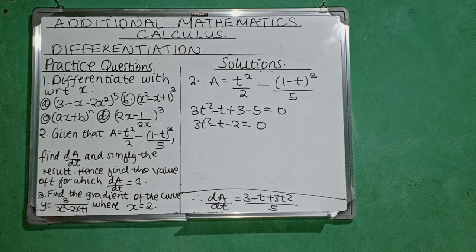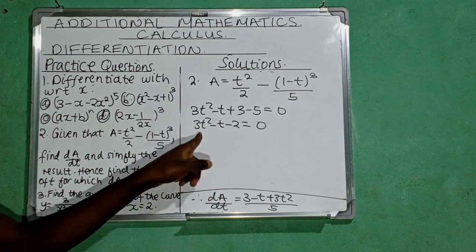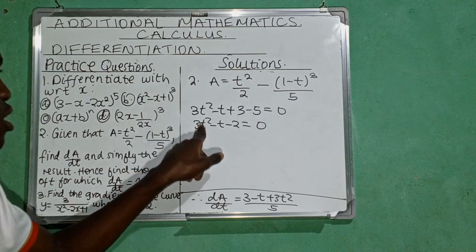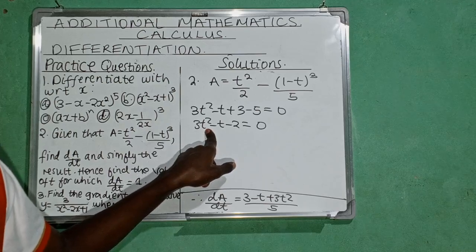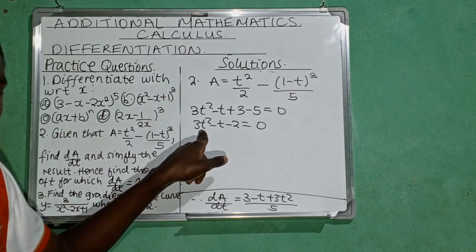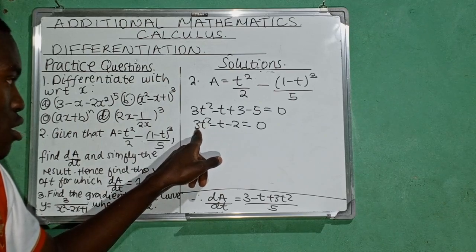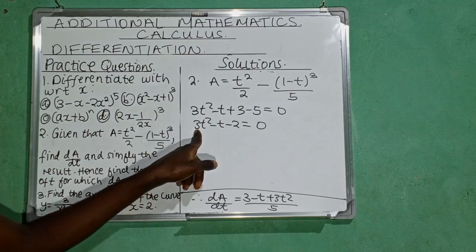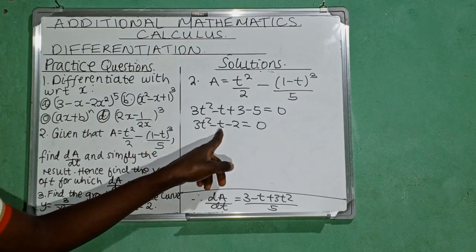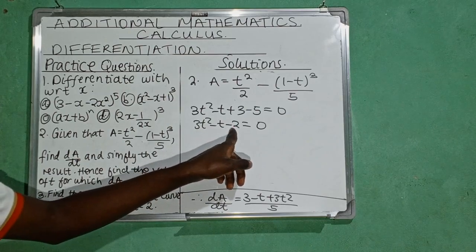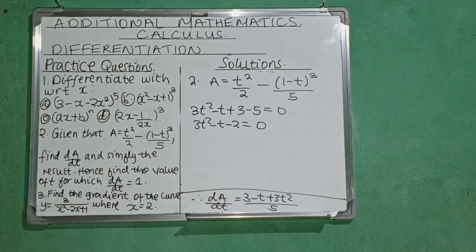Okay, yes we can. The coefficient of the variable that is squared is 3. The one that is having the t only is -1. Then here the constant is -2.